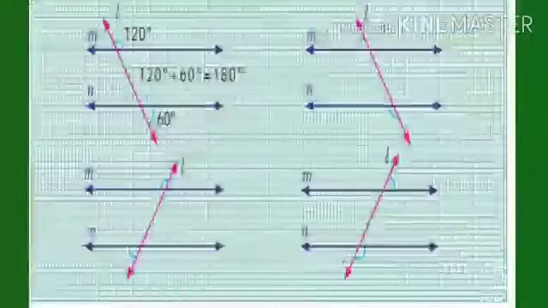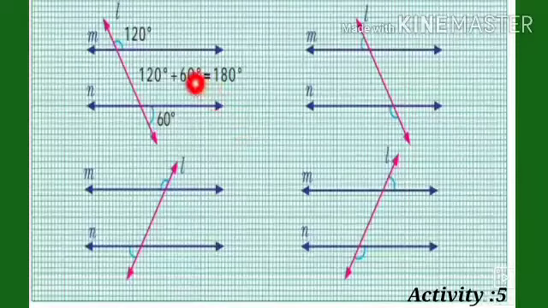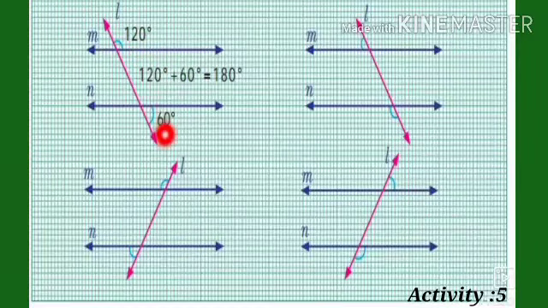And now in this activity, here 120 degree and 60 degree, what about these two angles? These two angles lie outside the region and also on the same side. So these angles are called co-exterior angles, as we know already.